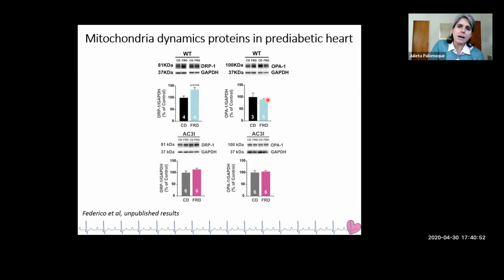Moreover, OPA1, which is the main protein inducing fusion, is not changed under the diet, so we think that fission is prevailing over fusion in this model.